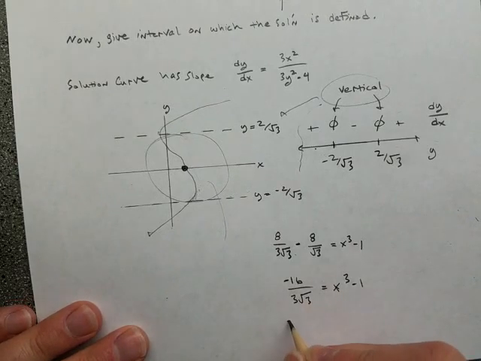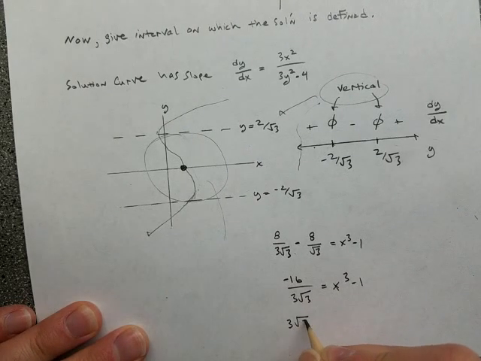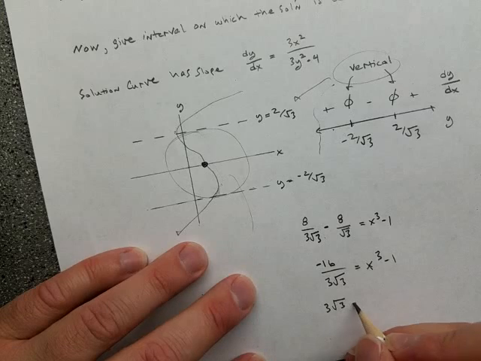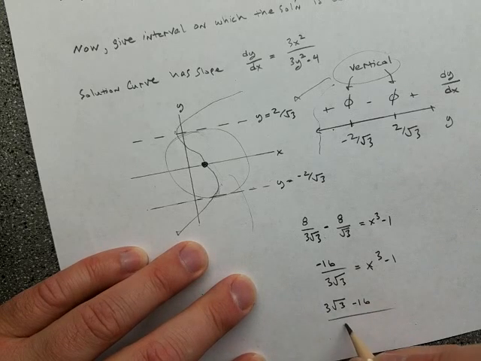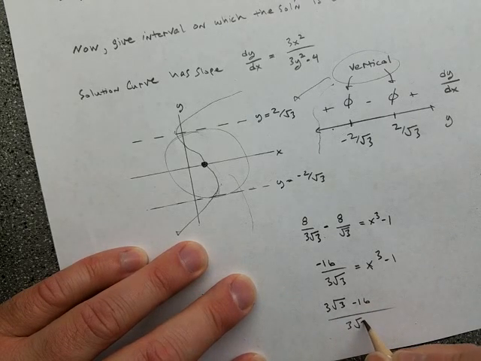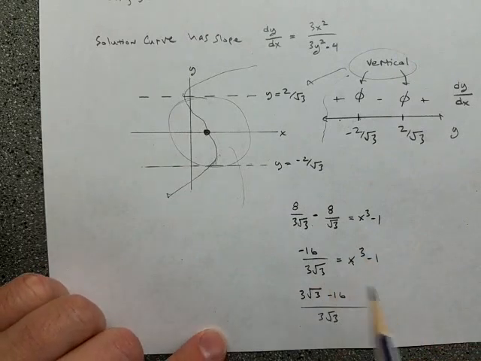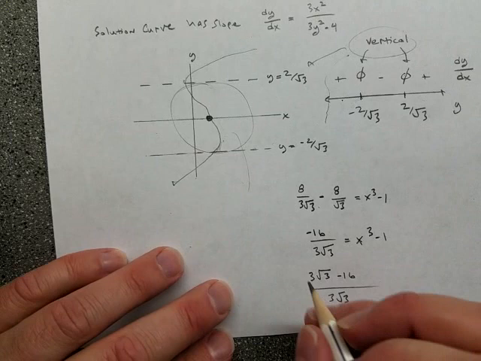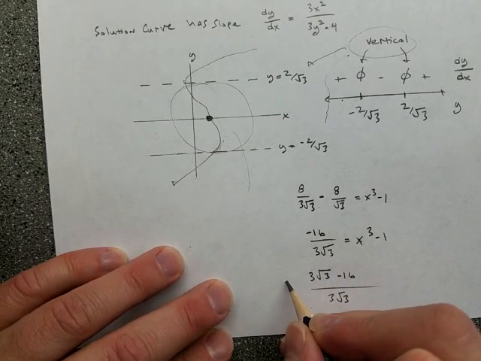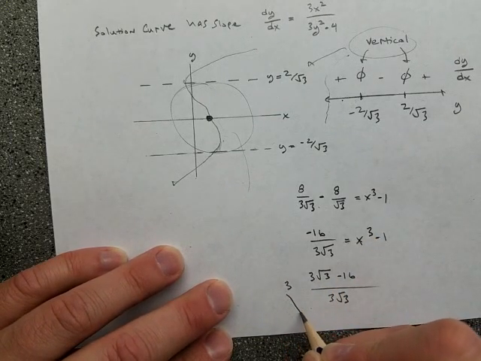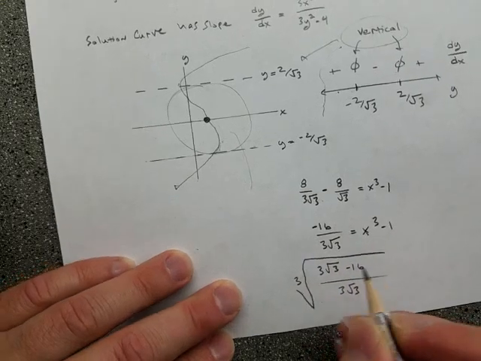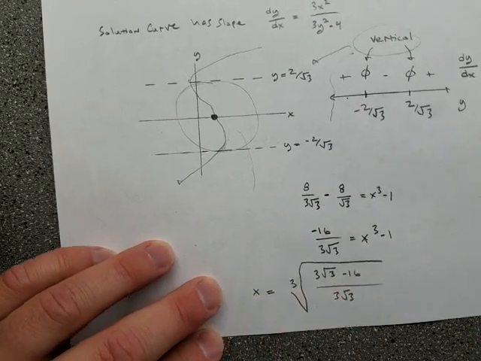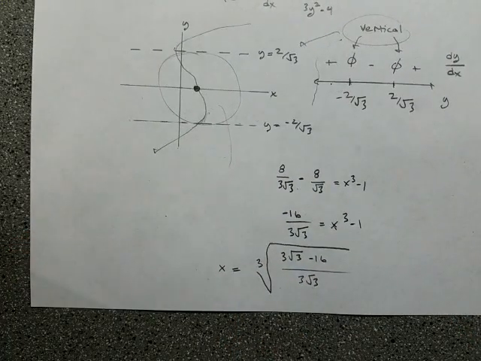And it's going to look like this, 3 root 3 minus 16 over 3 root 3. And that would be me moving the 1 over and getting a common denominator and all that. And I guess to finally solve for the x, I would be doing that. Okay? All right. Yeah, so that's how it would go.